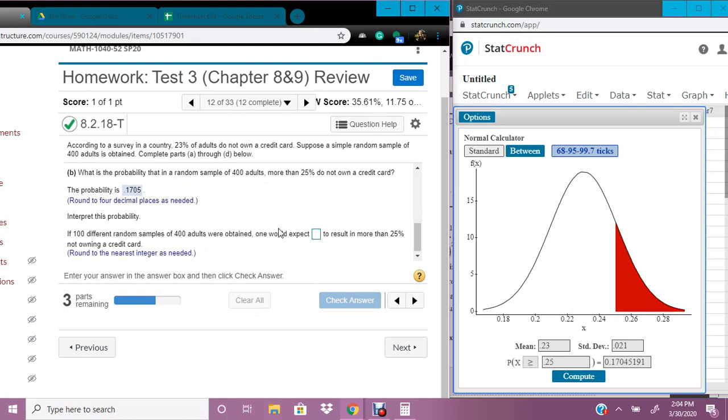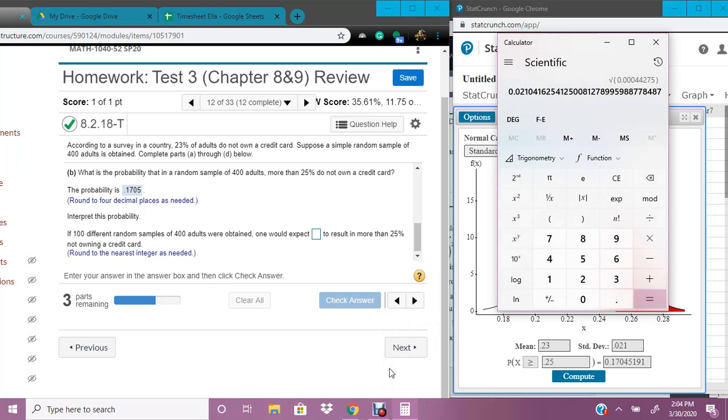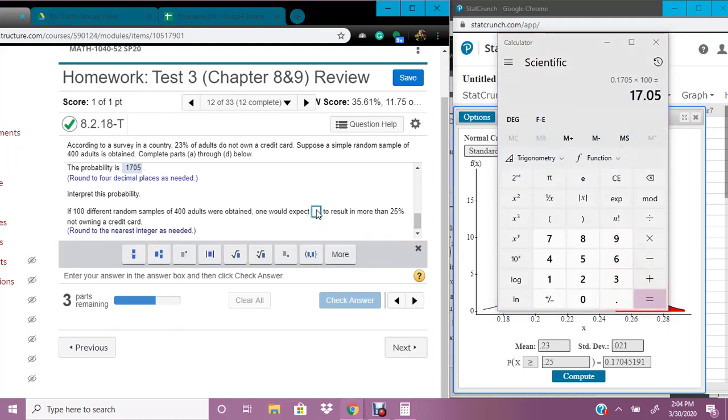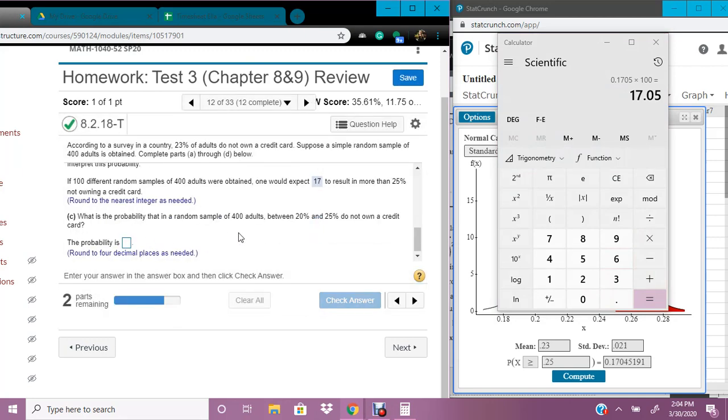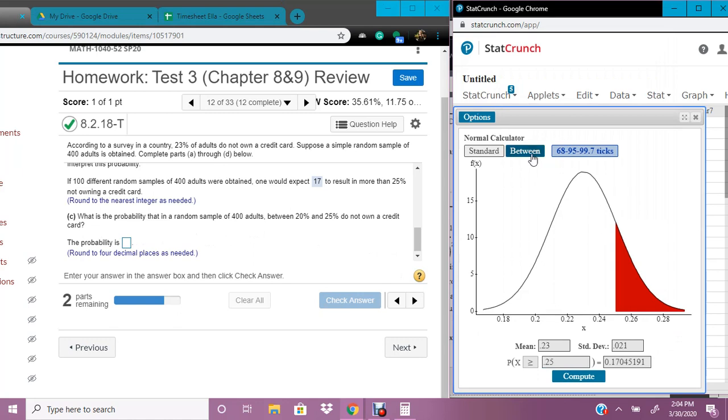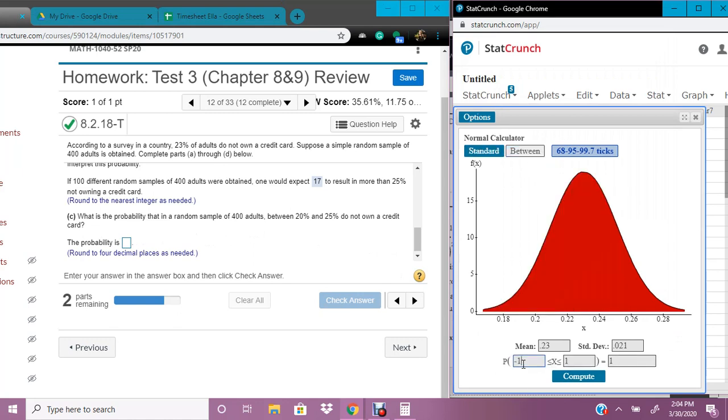And then to interpret that, we just times that right there. It's out of 100, so we just times what we got by 100. And you can't have half a person, so you just round to the nearest. And then we're going to do the same thing for here, but we're going to select our between.